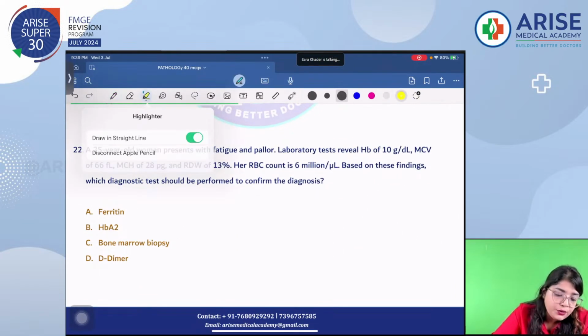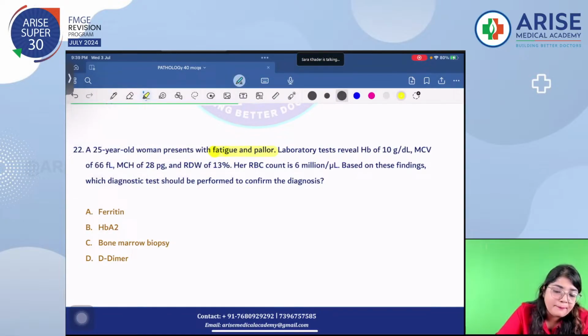A 22-year-old female presents with fatigue and pallor. Lab tests reveal hemoglobin of 10, so definitely anemic. And this must be microcytic because MCV is 66, MCH is 28. Okay, and RDW is also in the normal range. All right. So what do you see?